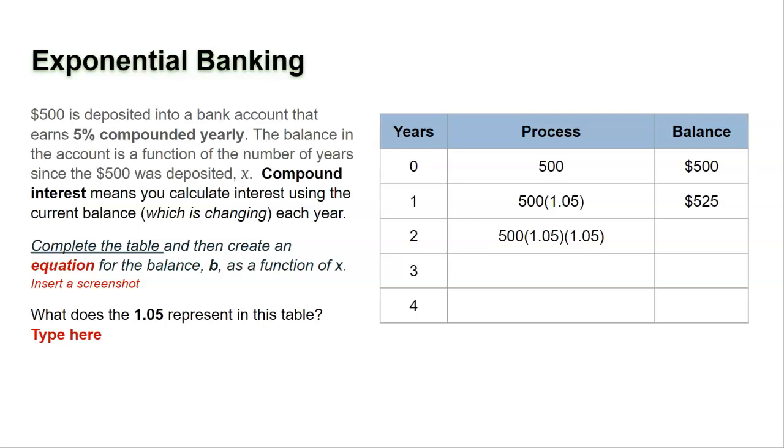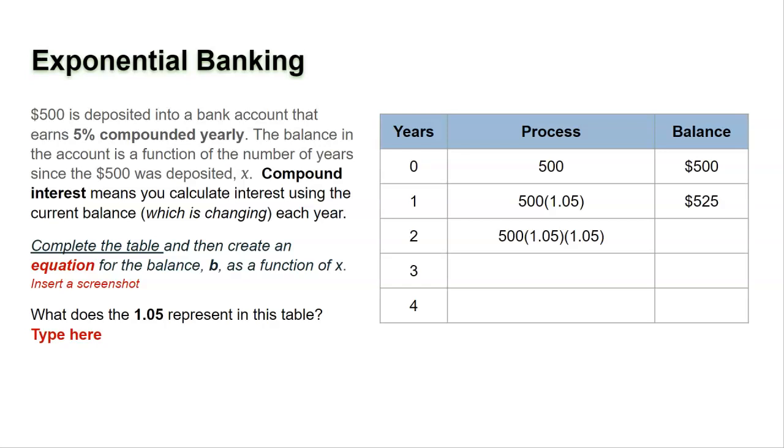Now here's the thing. What does 1.05 represent? Since we are paying 5% interest, why is 1.05 the number in our pattern here? So help them make sense of that. Let's have some conversation. What percent is this, and why do we use this percentage and not 5% that's given?